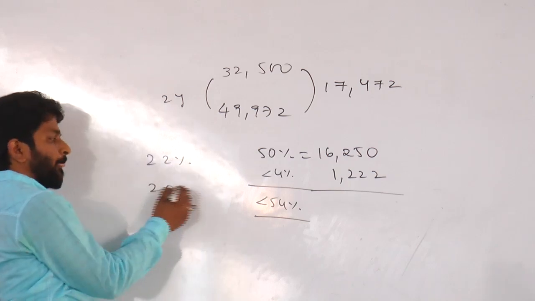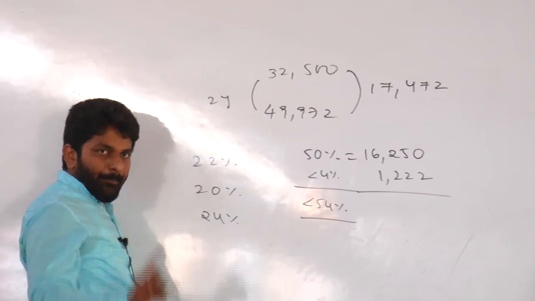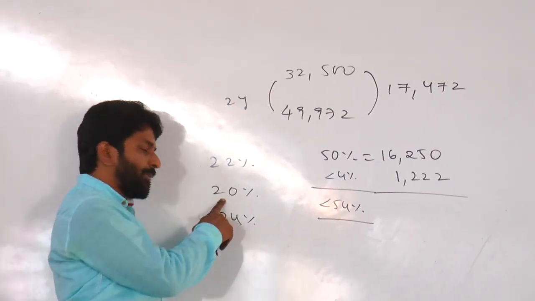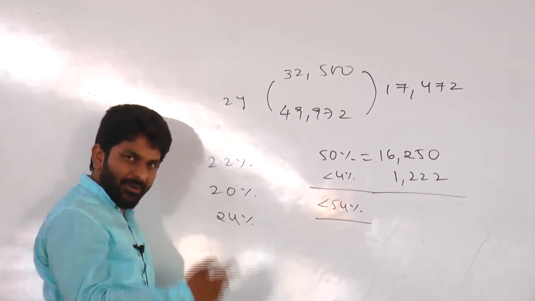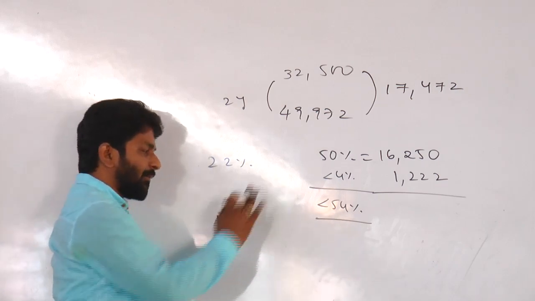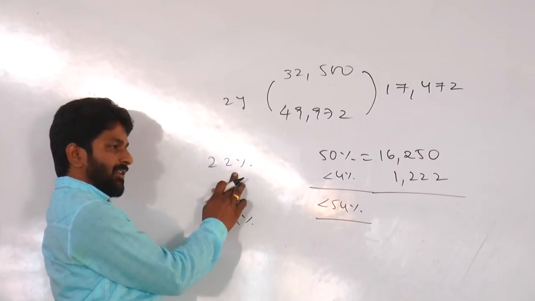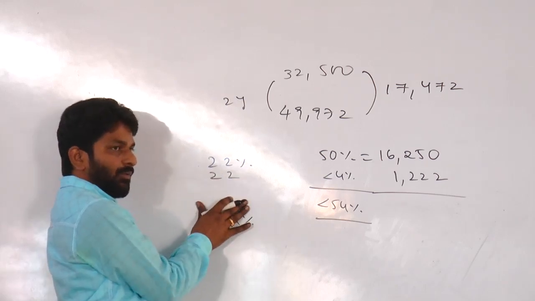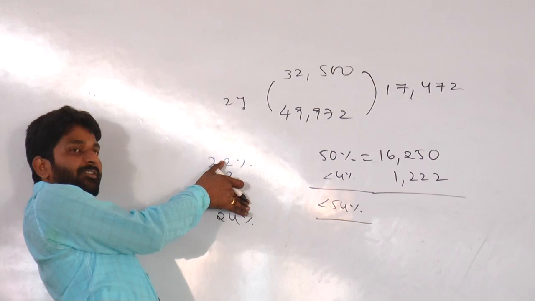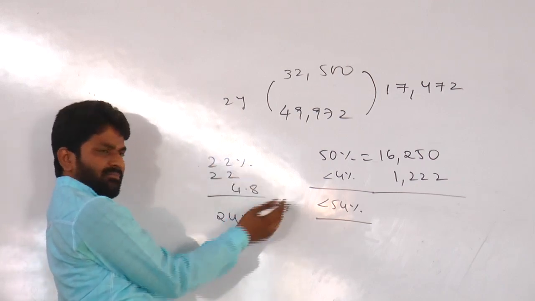22%, 20%, 24%. Per year if it is 20% per annum, for 2 years that will be 44, right? This is near about 54. This cannot be your answer. If it is first year 22%, second year also 22%, but 22% of this number, that will be near about 4.84 something.